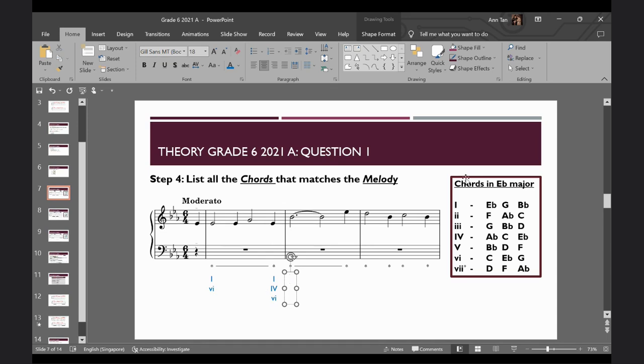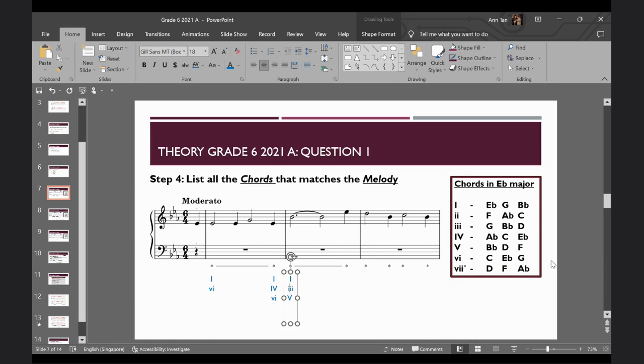Next bar 2, we have B flat, so chord 1 is probable. And then chord 3 has B flat, and also probably a chord 5.